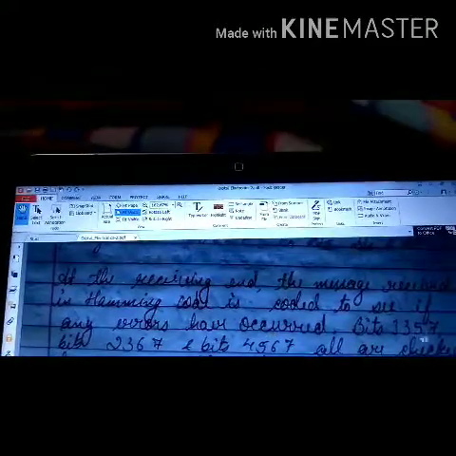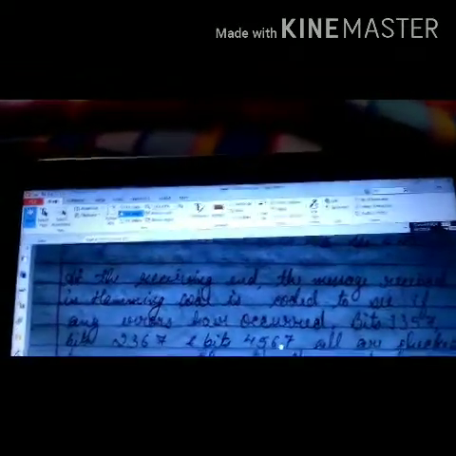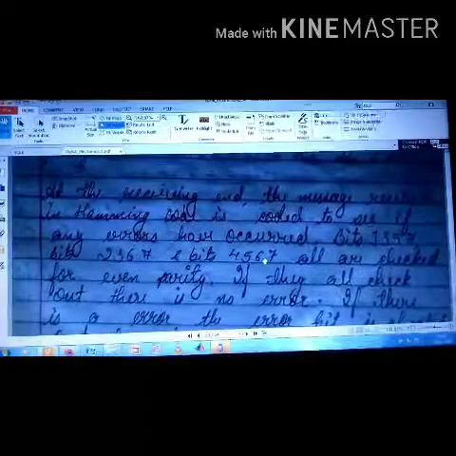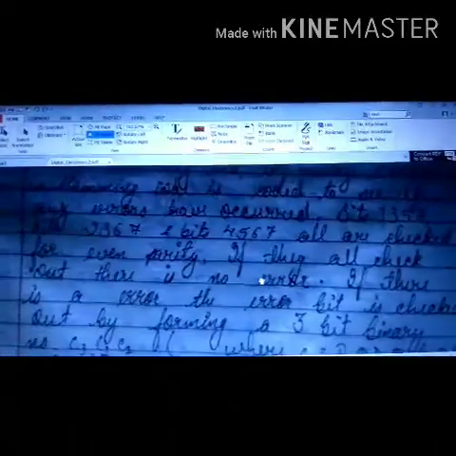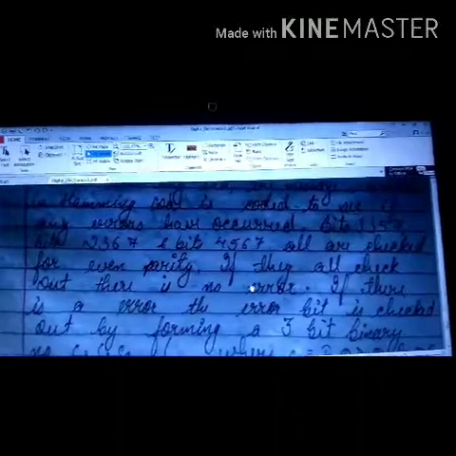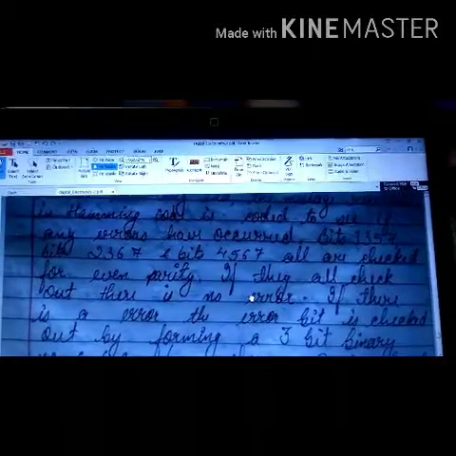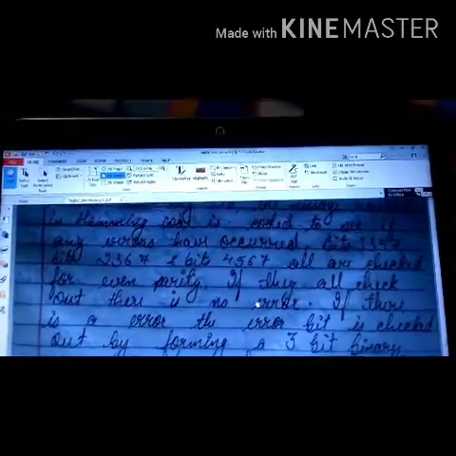Now bits 1357, 2367 and 4567 all are checked for even parity. If they are maintaining proper even parity, then no error is detected. However, if there is an error, we need to find out at which bit there is an error.